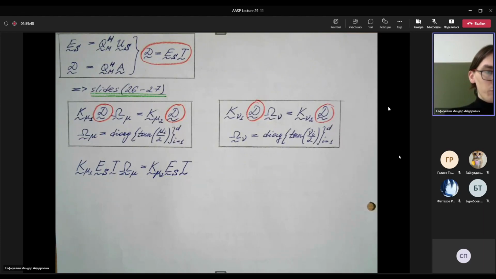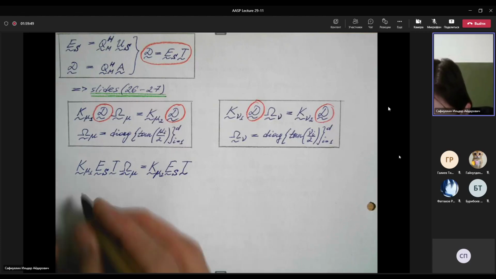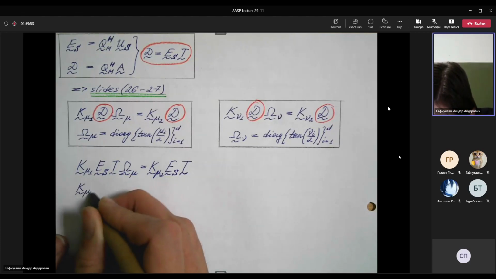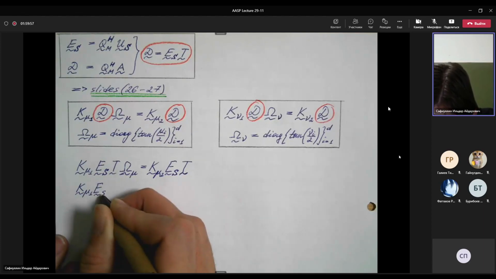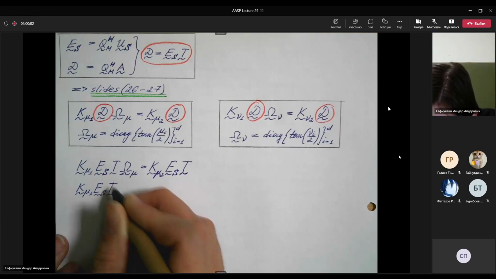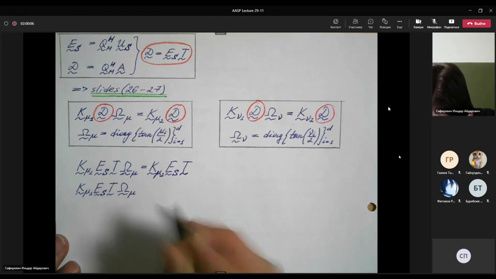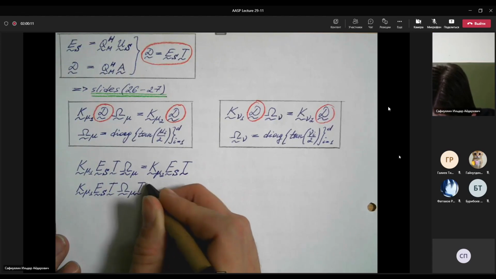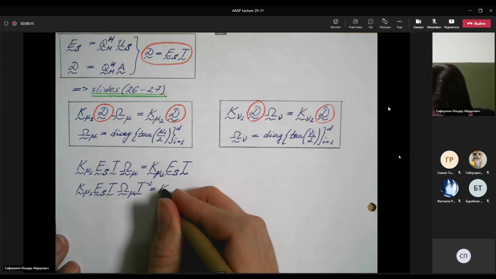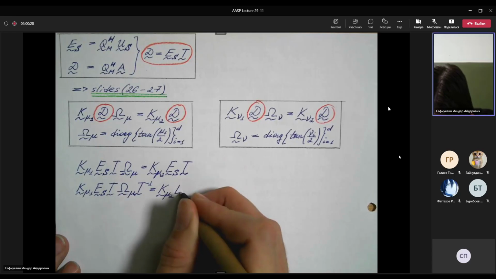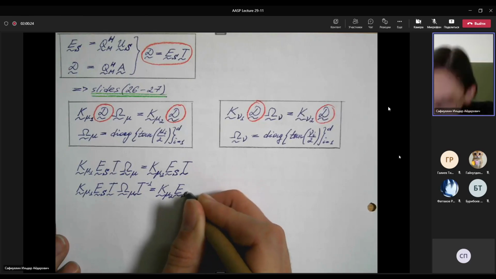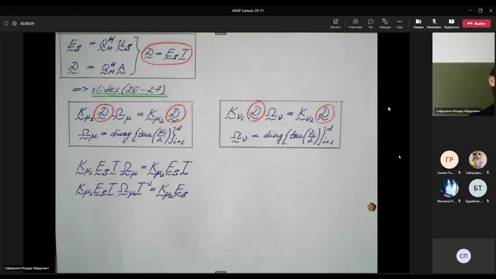And then, if you remember, we multiply both sides with the inverse of T from the right side, and we will have K sub mu sub 1 times E subcapital S times T times omega sub mu times the inverse of matrix T, and it is equal to K sub mu sub 2 times E sub S. Of course, capital S. And to keep the same style, we can show with red color.